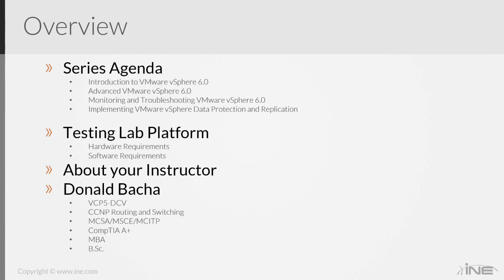I started off my IT career working mostly with hardware and end user support about 10 years ago, and then moved on to more core networking technologies with different roles, supporting mostly Cisco networks. I'm currently a CCNP in routing and switching, and I'm working on my CCIE. I'm also VCP certified on vSphere 5.5.